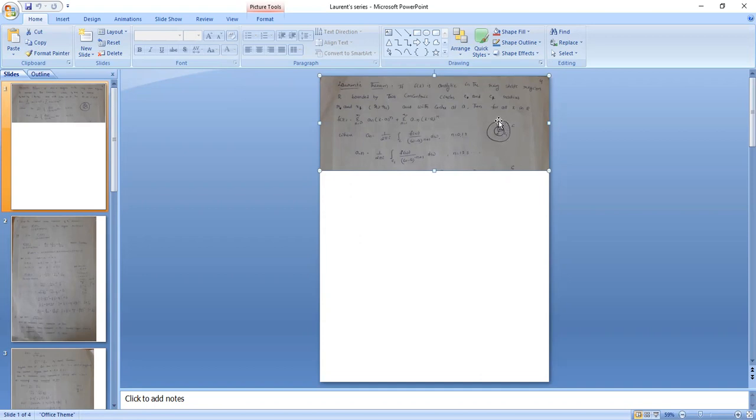Okay. Now we need to find f of z as summation a n (z minus a) whole power n, plus summation a minus n (z minus a) whole power minus n. Observe the first term, expanding by substituting n equal to 0, 1, 2, 3: a naught, a1 (z minus a), a2 (z minus a) whole square and so on. That means the first term contains positive powers.